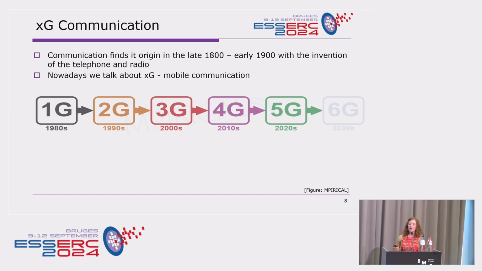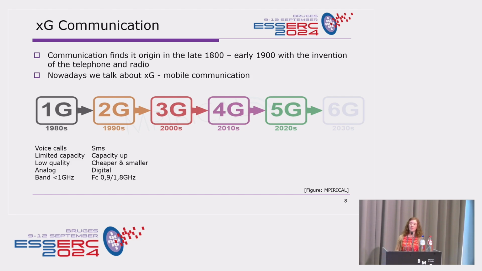So first of all, in the 1980s, we started with 1G, where everything was still analog, the decoding, and we could transmit some voice calls, but they were often of very poor quality. And you see that the frequencies we used were strongly below 1 gigahertz. Then afterwards, in the second generation, SMS, our text messages, were added, and the quality of our communication went already up.